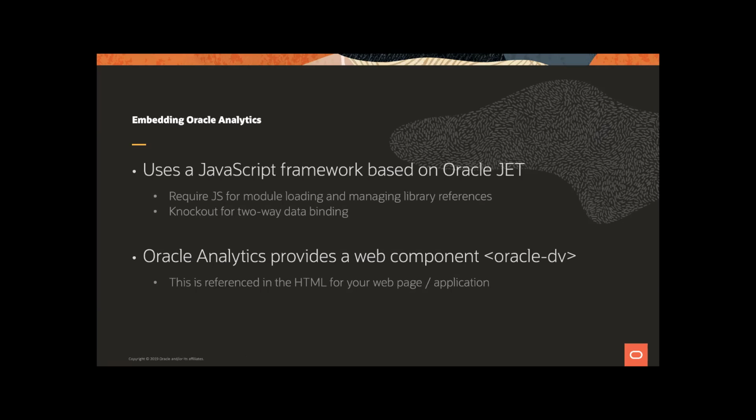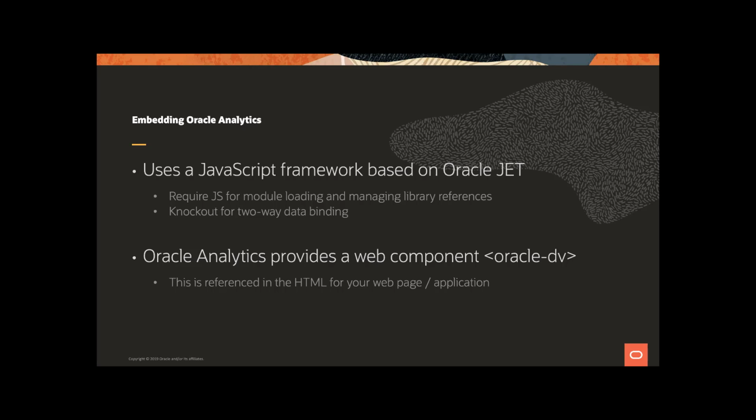So Oracle Analytics uses an embedding framework. Oracle Analytics, the DV component, is based on a JavaScript framework called Oracle Jet. And that makes use of various different components to do the bindings of the data and to actually make sure that all the relevant modules are loaded.